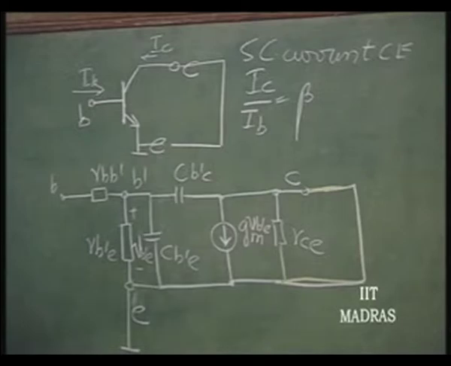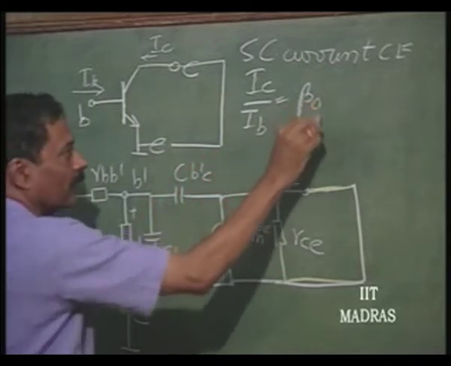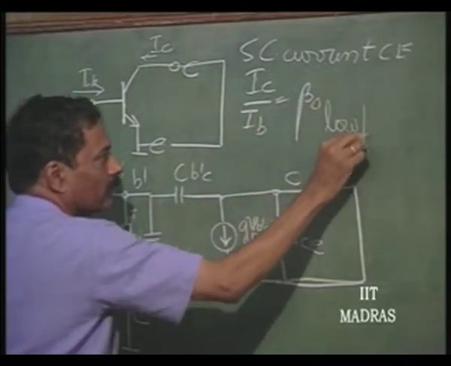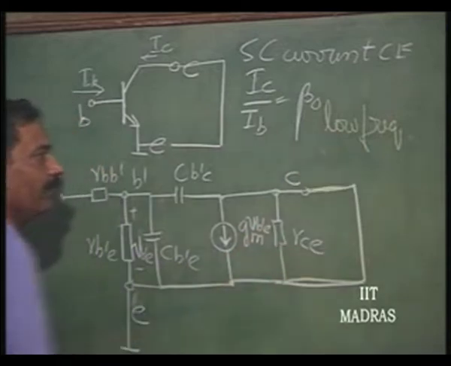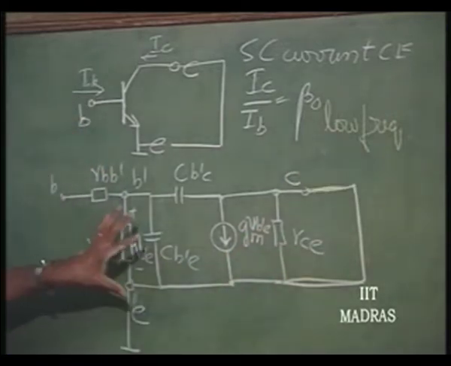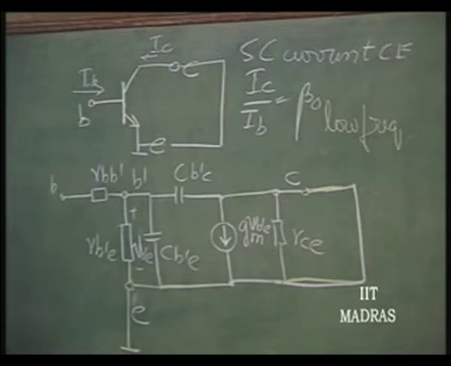At low frequency it is beta naught, independent of frequency. At high frequency we would like to know what it is. So, the definition remains the same. At low frequency this is called beta naught. At high frequency we will call that beta and see what that beta is going to be. So, let us see here. We have rbb' and rb'e.